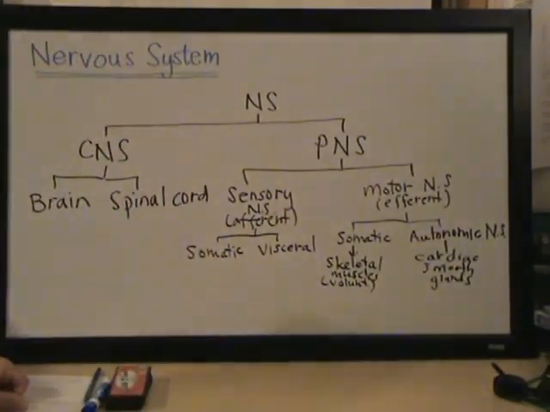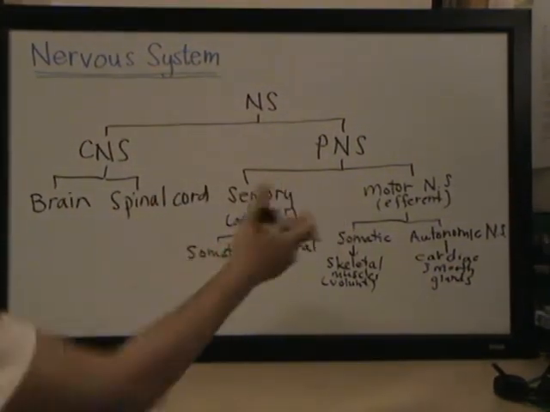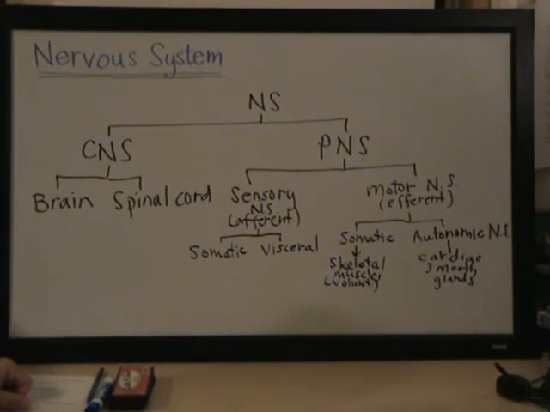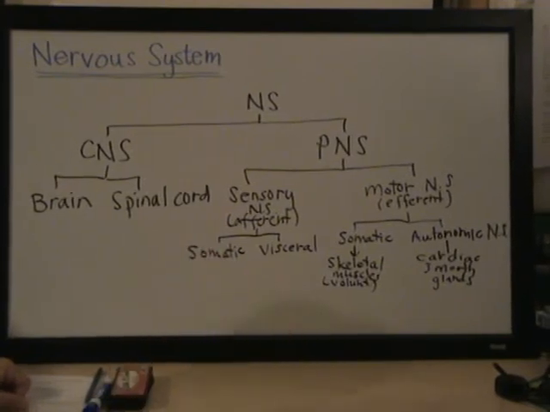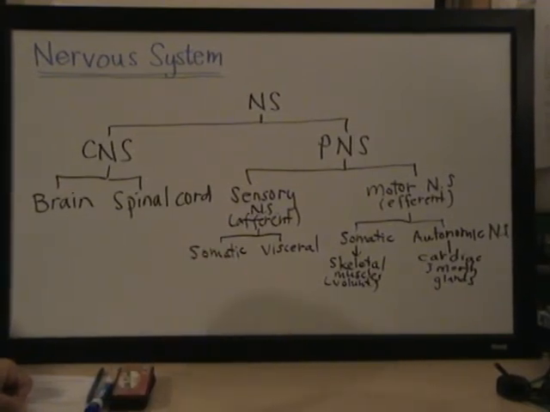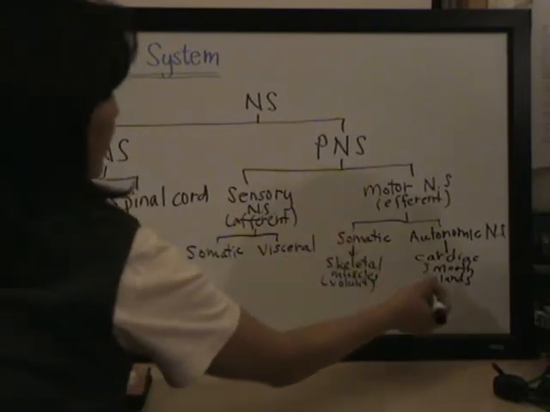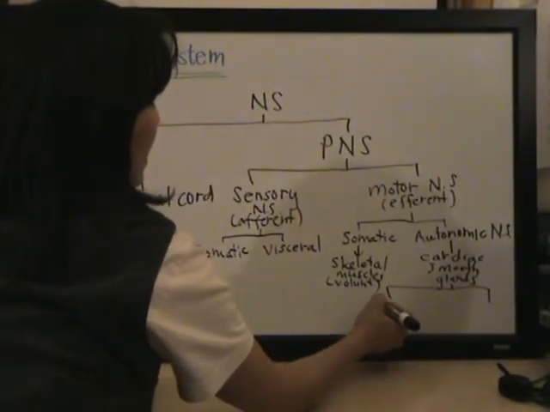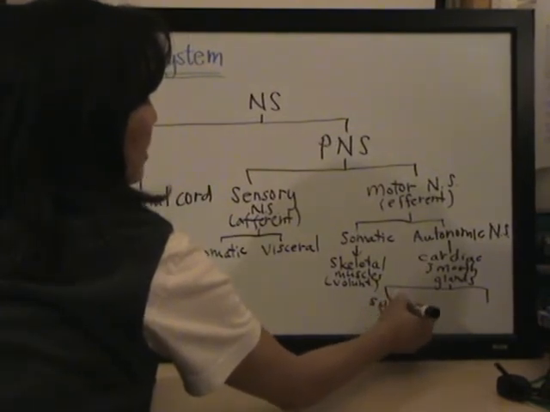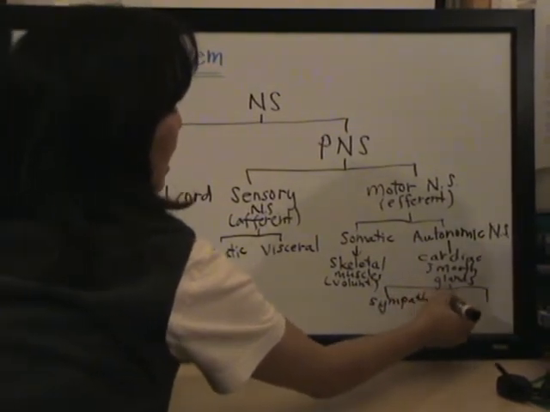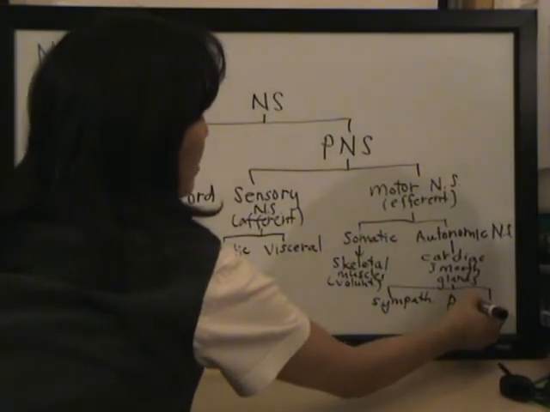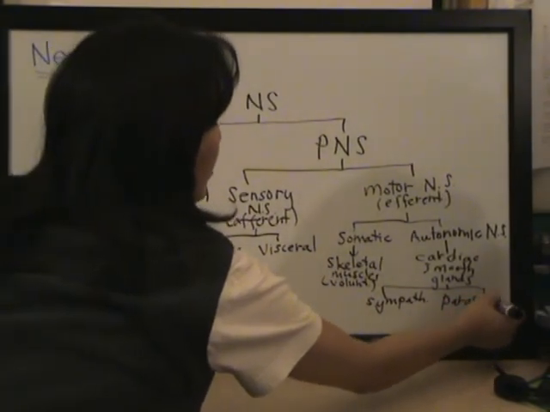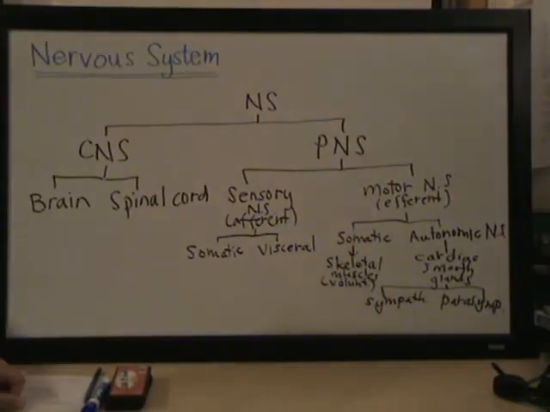So information can pass from the central nervous system along autonomic pathways to those things that we can't control. Now the autonomic nervous system can further be divided into two components: the sympathetic and the parasympathetic. And we'll talk more about that later. Alright.